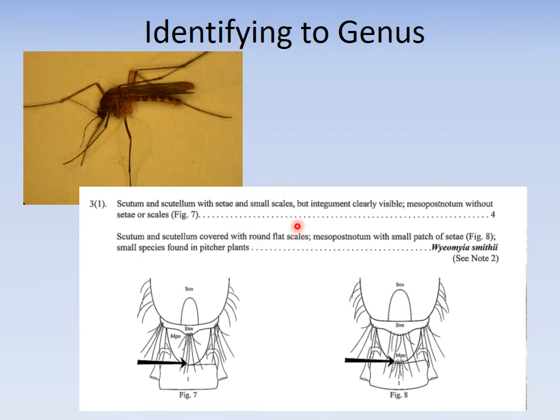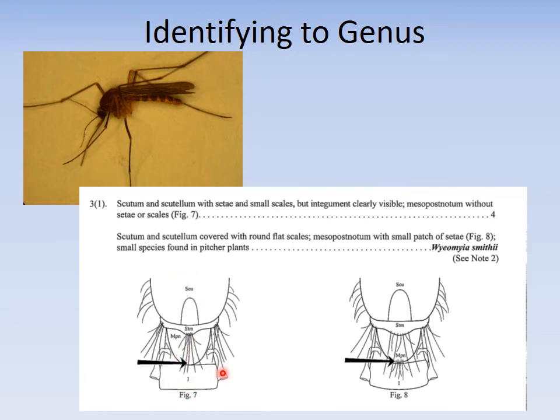And then the next is the meso-postnotum, which is going to be without setae, whereas in the bottom, the meso-postnotum is going to have a small patch of setae. That's this area here. So we're looking at the scutum, which is the thorax.